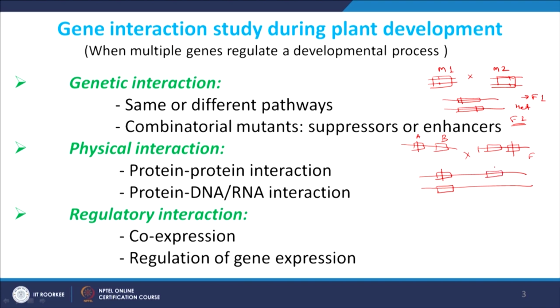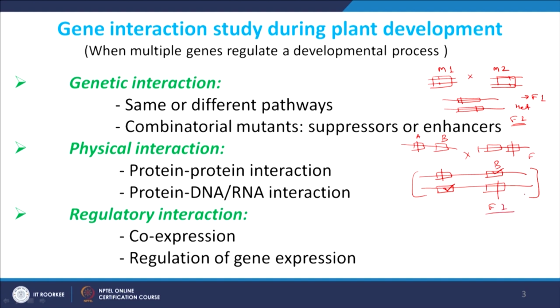Here you will have the gene B allele normal from this plant, but B mutated from the other. In this heterozygote, the wild type copies of the genes will complement the mutant phenotype, which means that in F1 you are not going to get any phenotype.